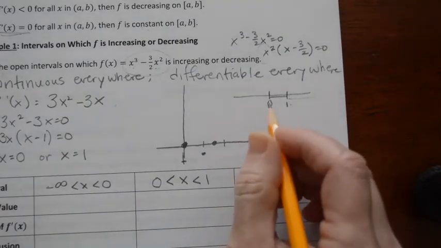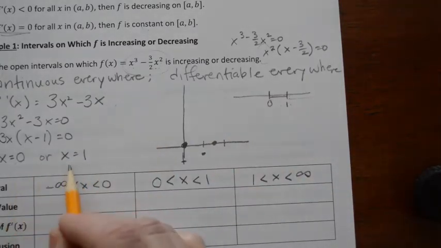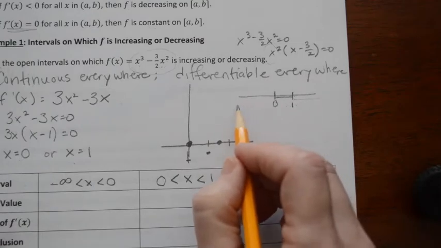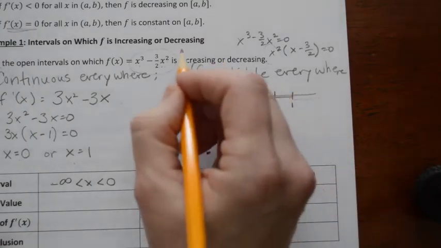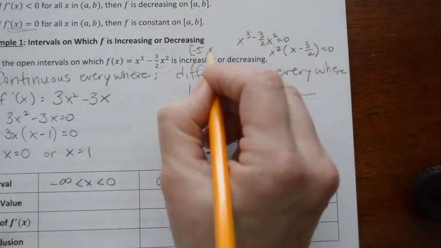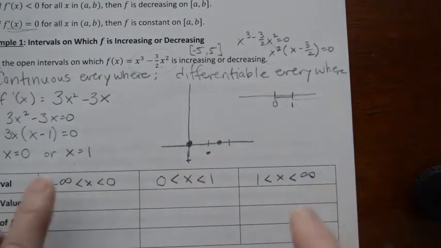Okay, so again, I take those 2 points that we found when we took the derivative and set it equal to 0, and I make them the endpoints of intervals. So negative infinity to 0, 0 to 1, 1 to infinity. If we had been given a closed interval here, like let's say negative 5 to 5, we would use those as the other endpoints of the interval, here and here.